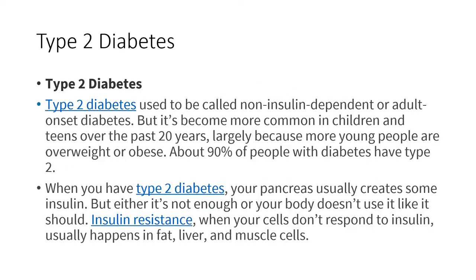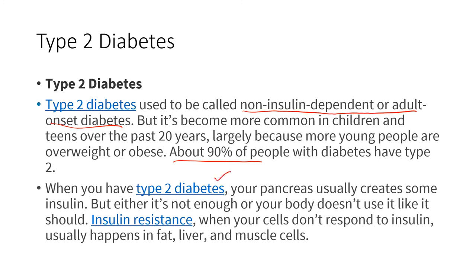Now, type 2 diabetes is also called non-insulin dependent or adult onset diabetes. It's not that the pancreas isn't making insulin, because it is. It's that your target cells are no longer receptive to that insulin. About 90% of the people with diabetes have this. Now, that's just for your information. Not really going to test you on that.